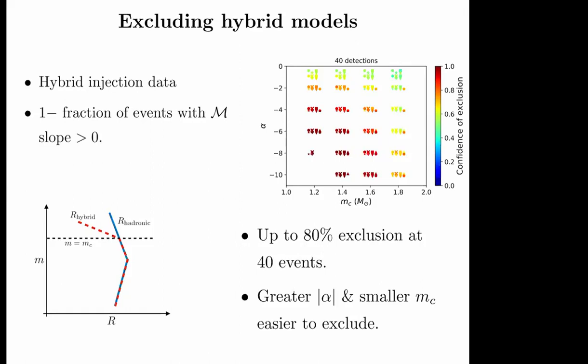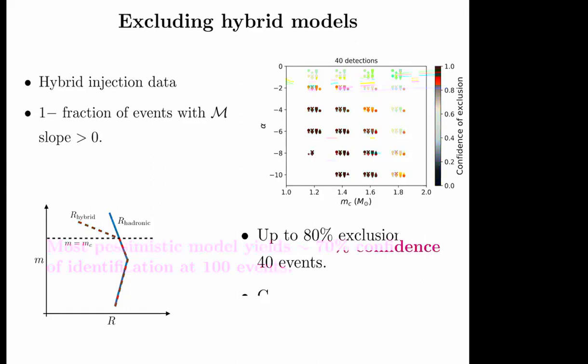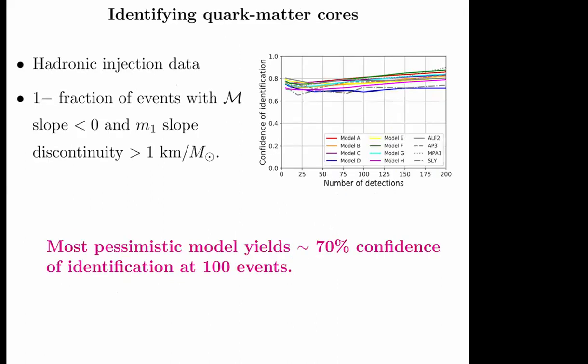What about for identifying quark-matter? So here what we'll do now instead is inject hadronic MR data, so this data that doesn't have any significant kinks in the MR curves.